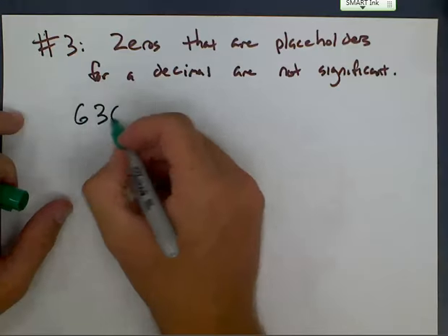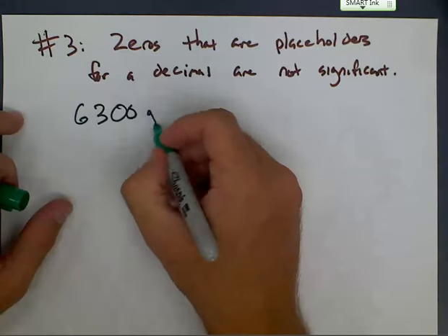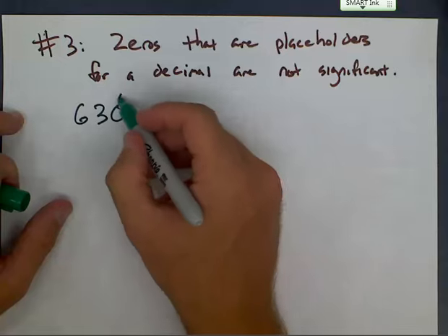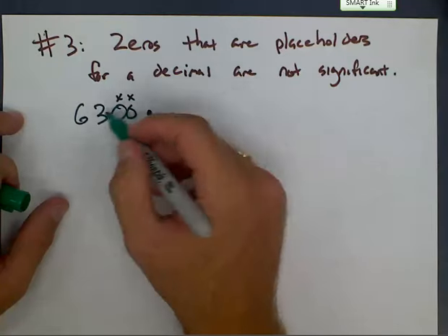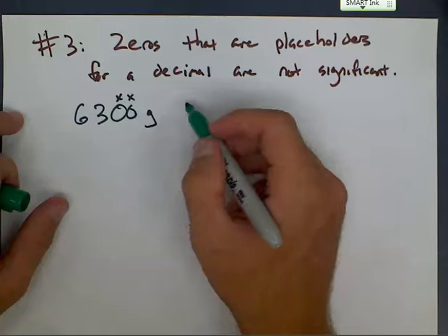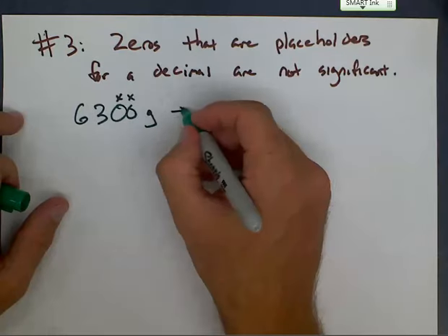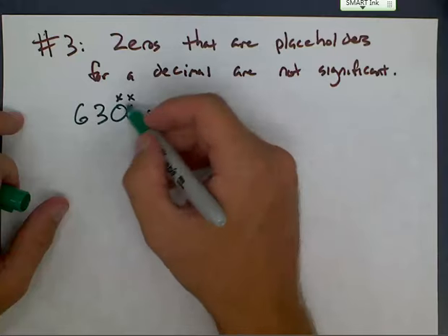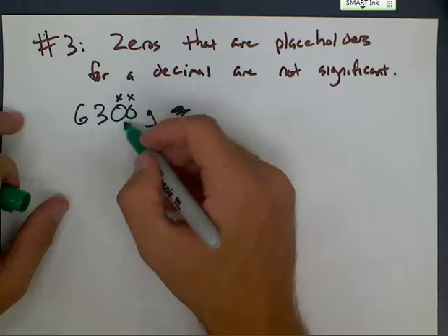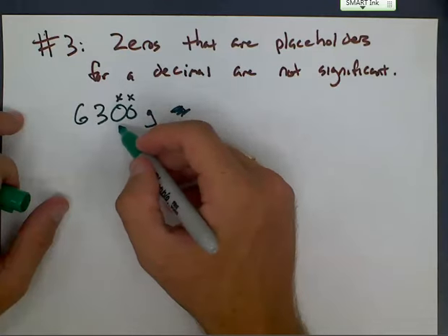For example, 6,300 grams. If I take these 2 out, the number changes, it would be 63. And what it does, these things basically just tell us that those 2 zeros are holding place values.